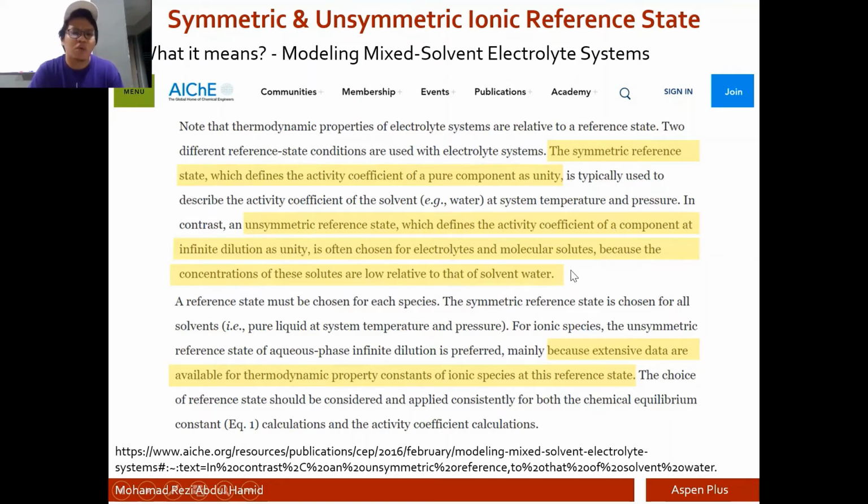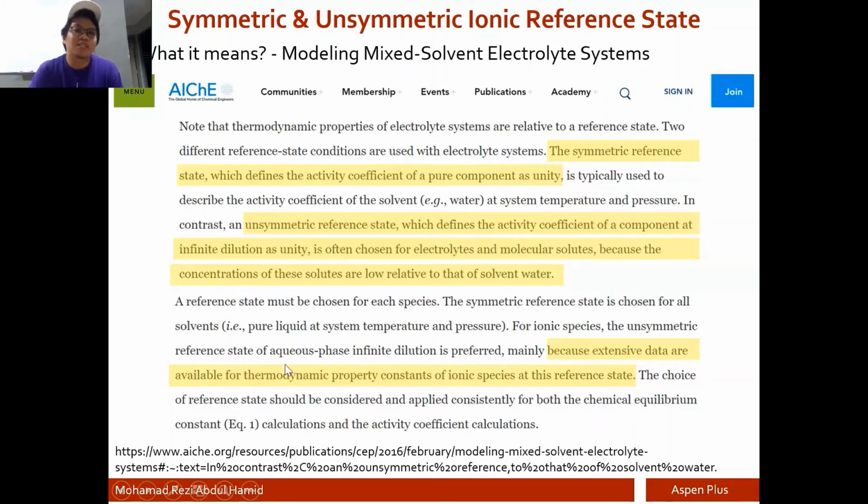Because our thermodynamic system falls into the unsymmetric reference state description, that's why I decided to use the unsymmetric reference state. Another advantage when you choose the unsymmetric reference state is that the majority of the parameters, such as those that describe the activity and equilibrium constant, are already available in the data bank.